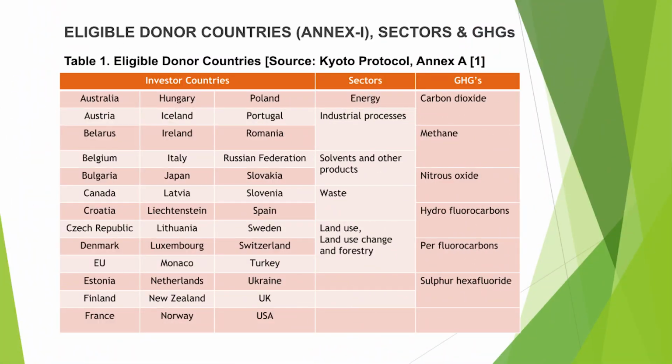Now in this table, you can see the eligible donor countries included in Annex 1, sectors and the greenhouse gas emissions.